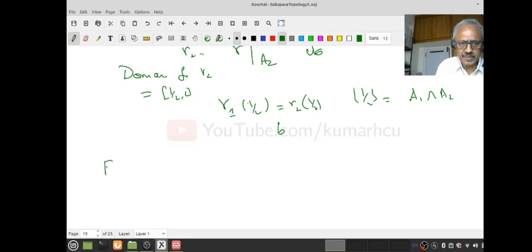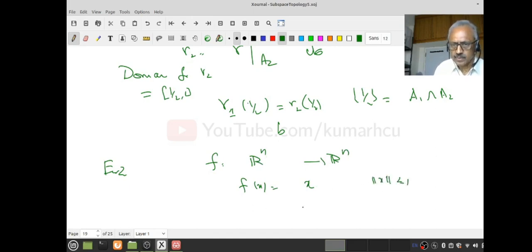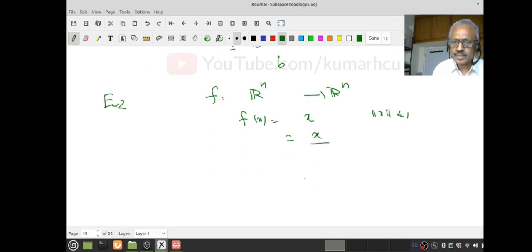This is example 2. f is from R^n to R^n itself, and f of x equals x if norm x is less than or equal to 1, equals x by norm x for norm x greater than or equal to 1. Okay. Now I want to know whether f is continuous.